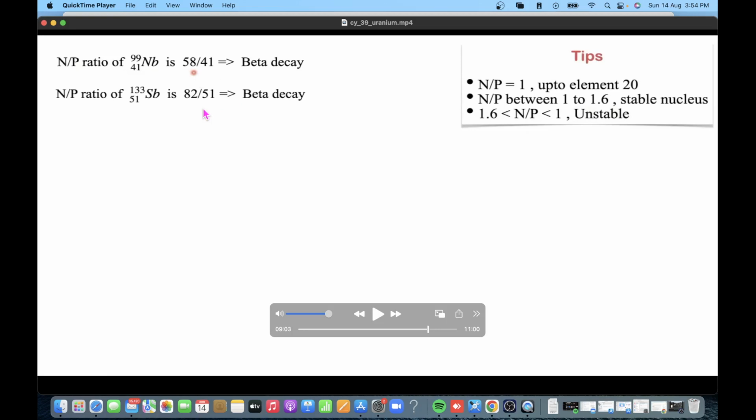Same with the other element. So we are getting beta decay for both of them. You can go on checking all your n upon p ratios, and you will find that we are getting beta decay in each step.